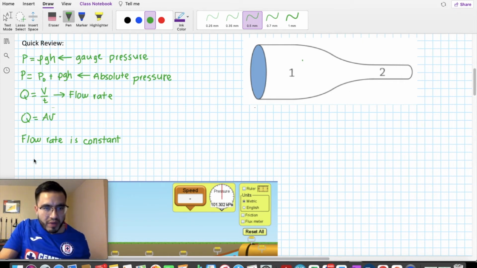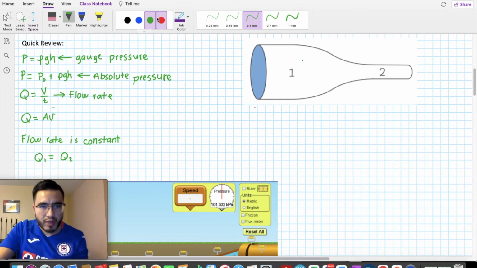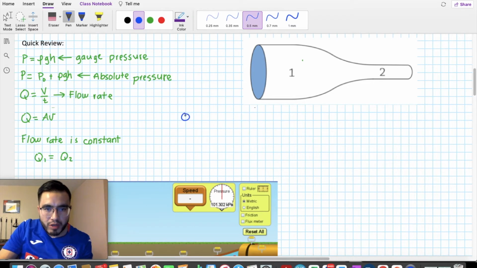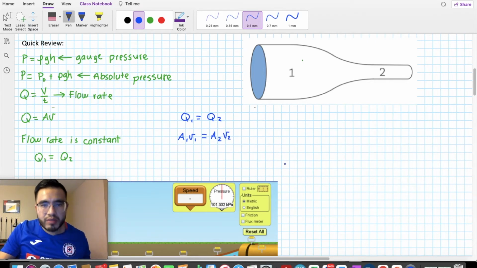From the fact that flow rate is constant, that is, flow rate at section 1 equals flow rate at section 2, we can combine this and this to say flow rate 1 equals flow rate 2, which we can rewrite as cross-sectional area 1 times velocity 1 equals cross-sectional area 2 times velocity 2.